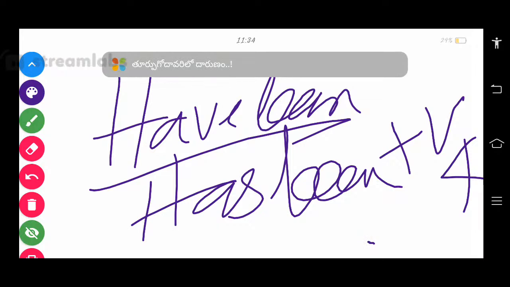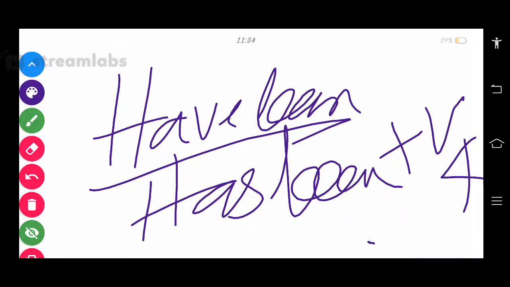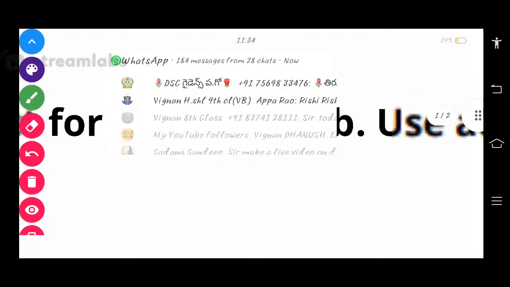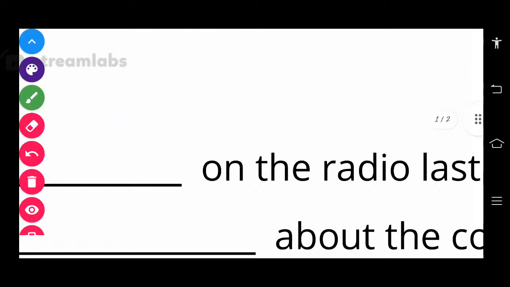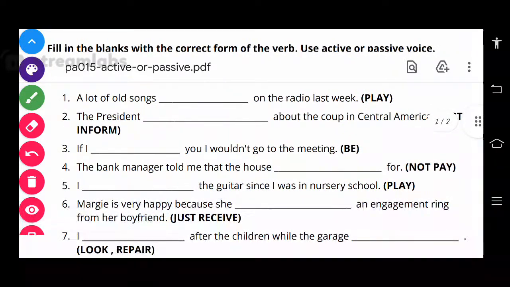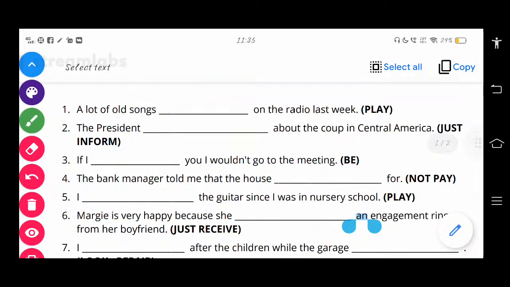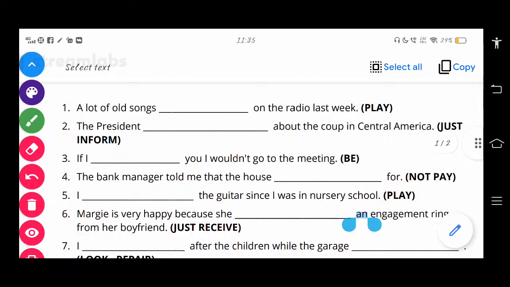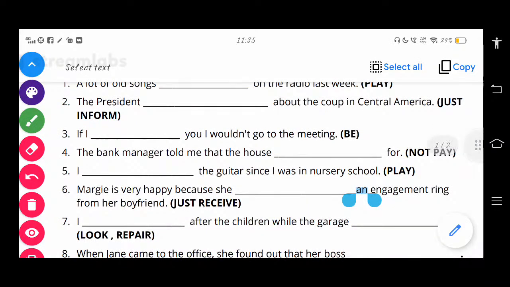Yes, that is the correct answer, Sandeep, your answer is correct. I have been playing. That is the correct answer. I've been playing guitar since I was in nursery school.